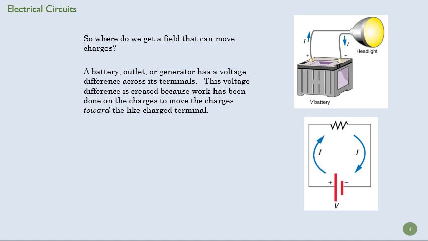Conventionally, we talk about moving charges to the positive terminal, right? So if this is a 12-volt terminal here and a grounded 0-volt terminal, we imagine that the charges have been pushed to this positive terminal, and then they want to repel each other. They want to be repelled from this positively charged place, and so they move through the wire. Actually, what's happening is you're moving electrons to the negatively charged space, but we don't need to worry too much about that.